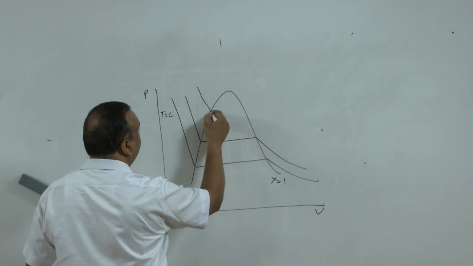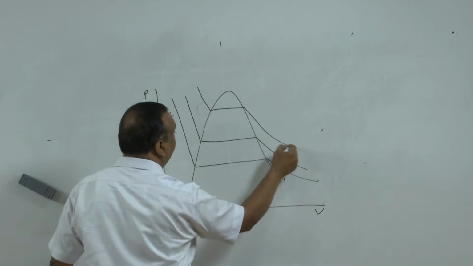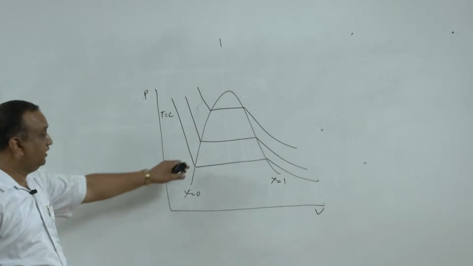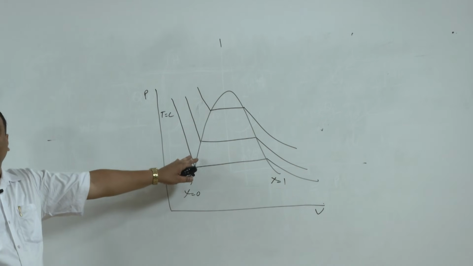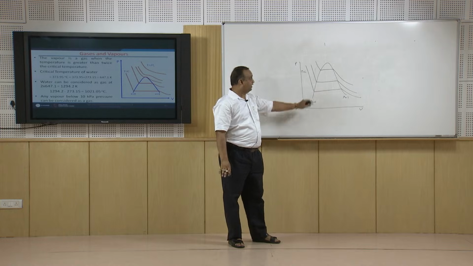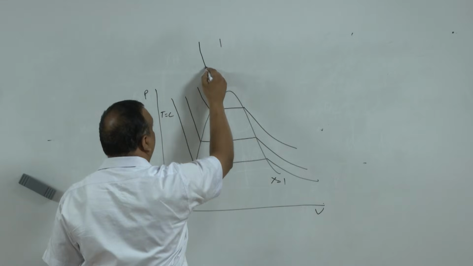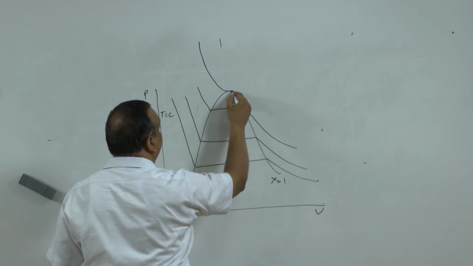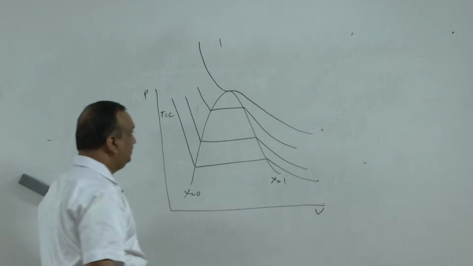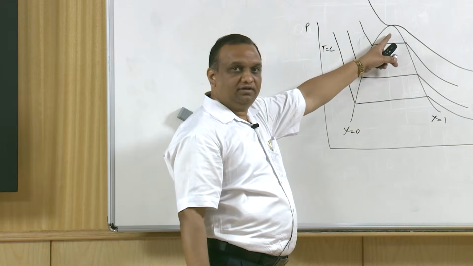Now if you increase the temperature, the line will also shift. You keep on increasing the temperature, the line will keep on shifting, and in this region the vapor does not follow the ideal gas equation, PV is equal to RT. The maximum deviation in single phase is here, when the line becomes horizontal. This is the critical point.